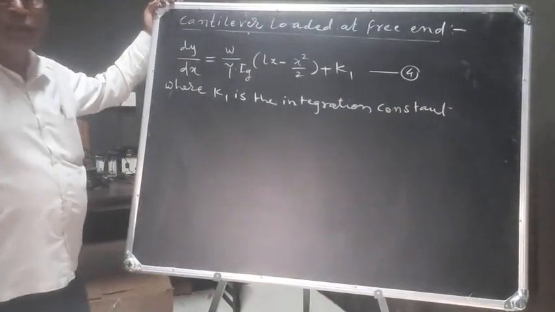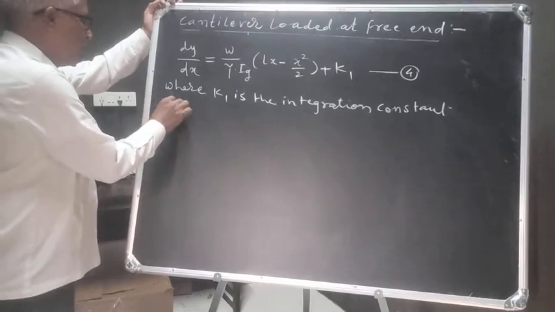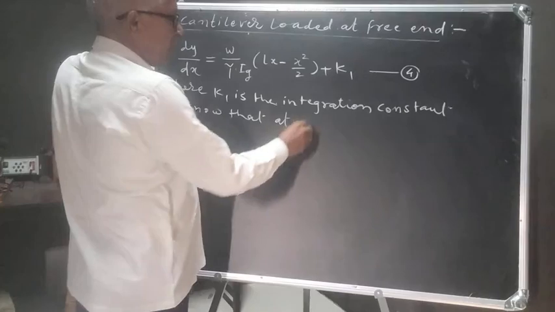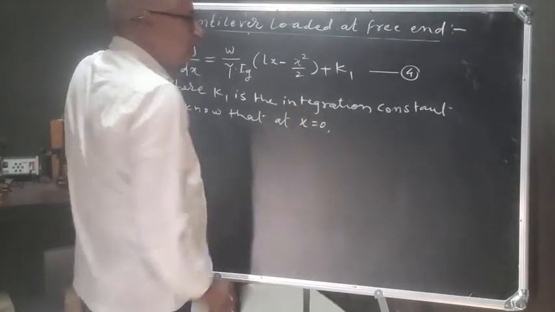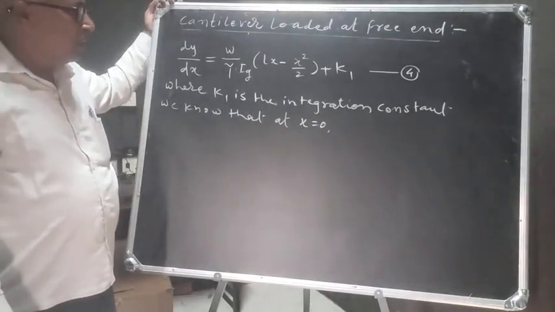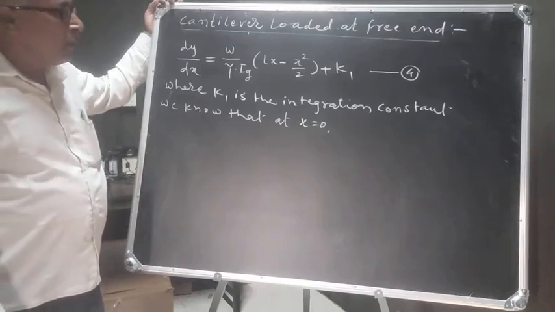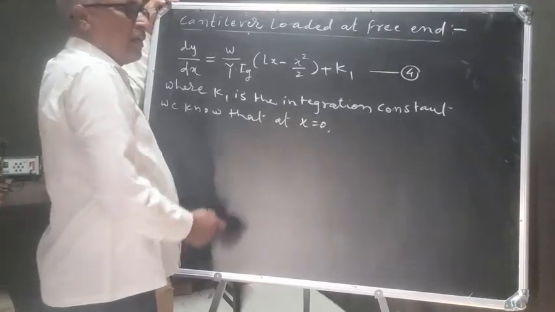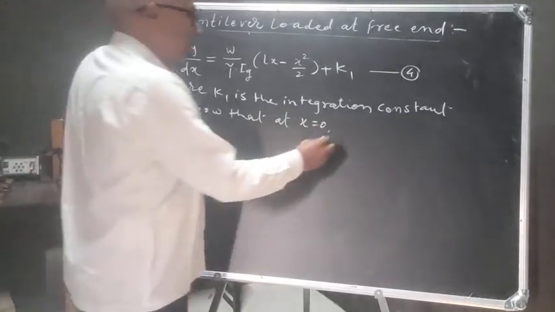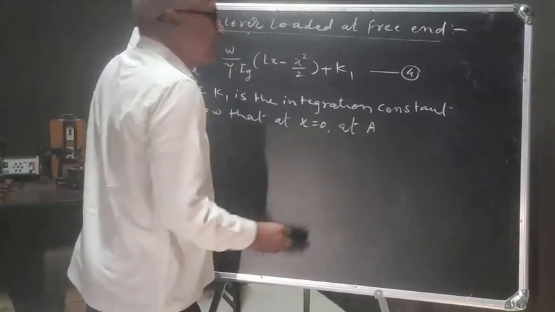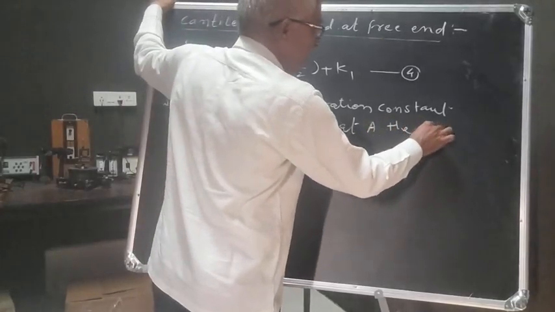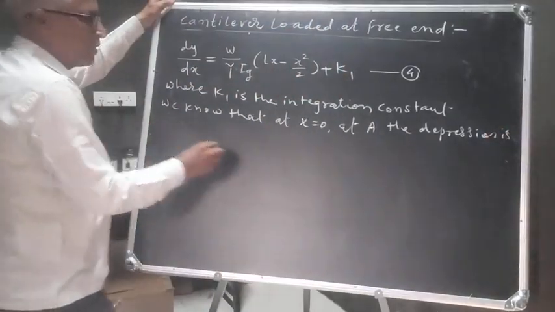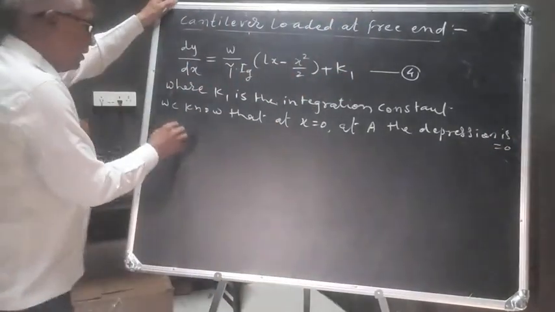To calculate the value of k1, we know that at x equals 0, which means at point A where the beam is fixed, the depression is 0.